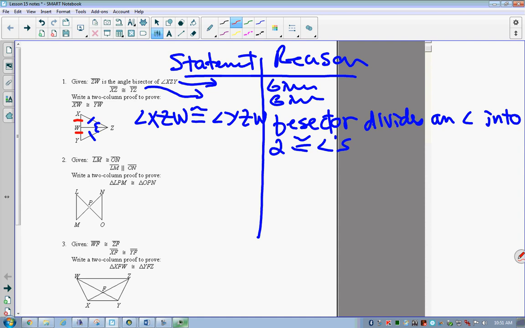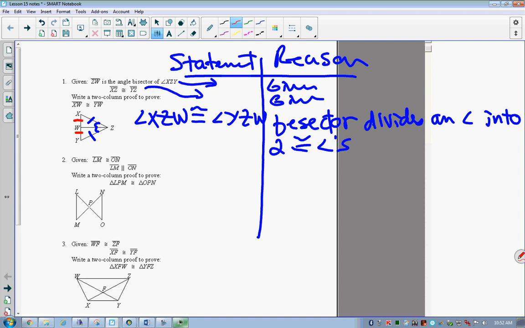What will be my final reason? If they give me two triangles and ask me to prove that one part of a triangle is congruent to another part, 9 times out of 10, or probably 99 times out of 100, my second to last step is going to be proving that those two triangles are congruent. My very last reason is CPCTC. What does CPCTC stand for?